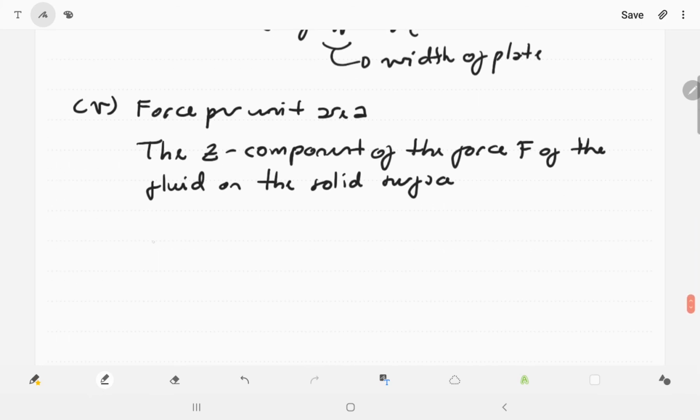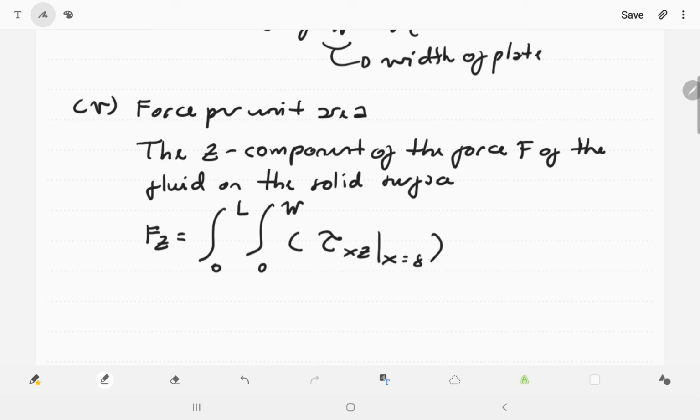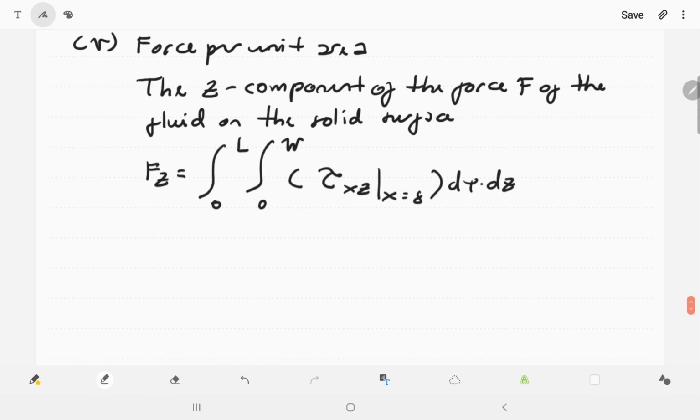What is this Fz in here? This Fz will be an integration from 0 to L, integration from 0 to W, because the area where it applies is over the length and the width of your solid surface. And this area in particular is at the bottom of your fluid basically. Okay, so that's why this is at x equal to the film thickness in here.